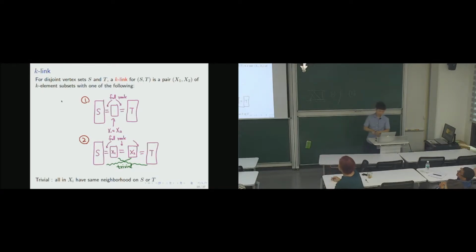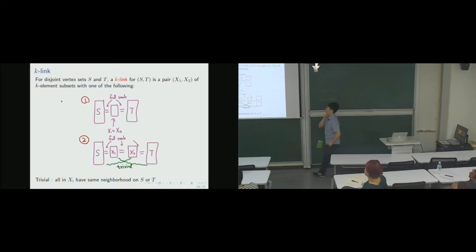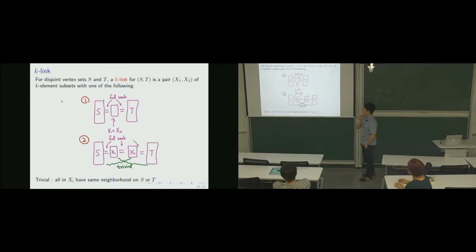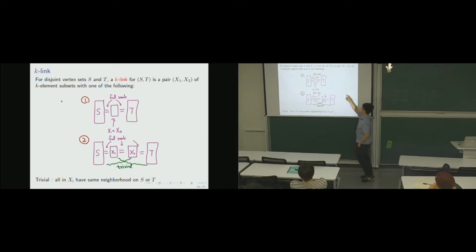Before doing this, I want to give a definition of a k-link. You have two sets S and T, and then a k-link is a pair of sets X1 and X2 of one of two types.